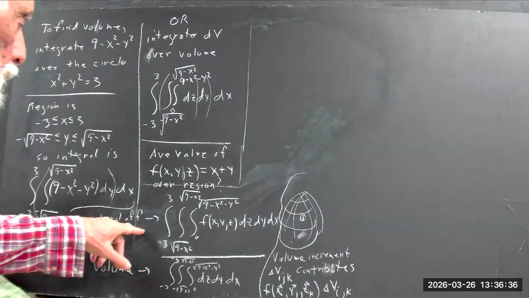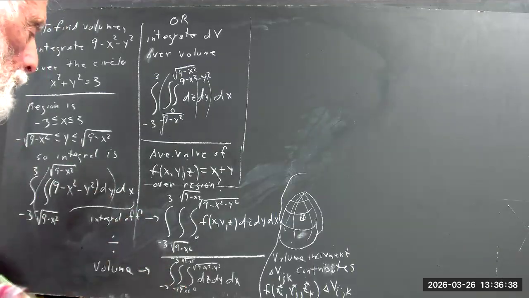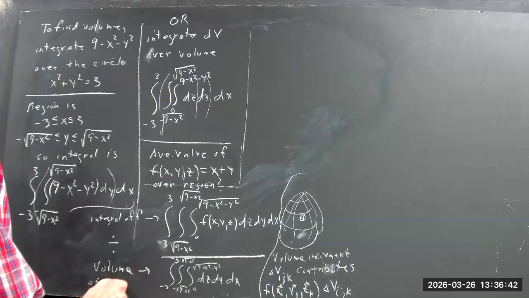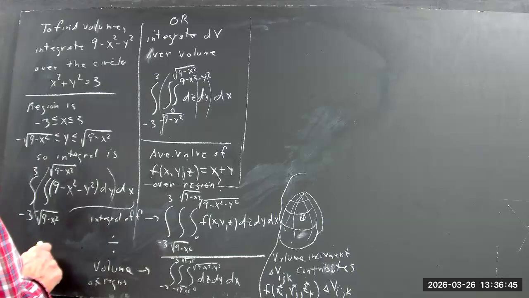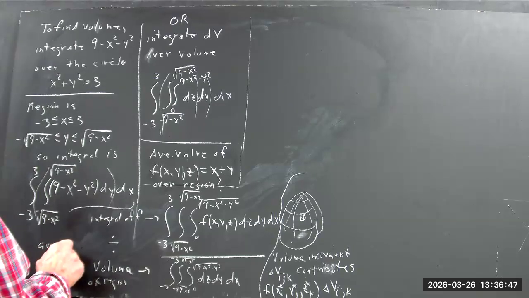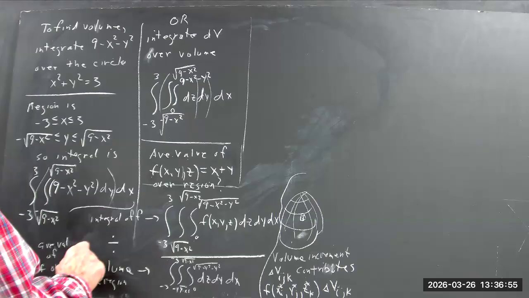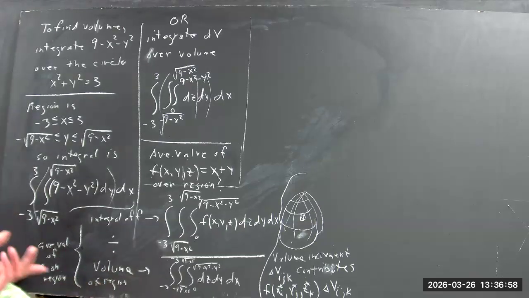So you have the integral of your function f divided by the volume of the region, which is the average value of f on the region.